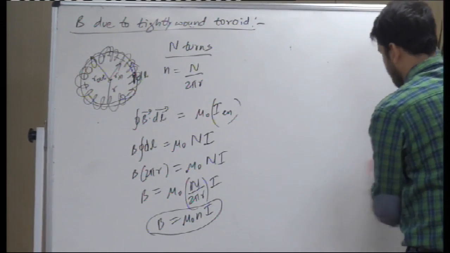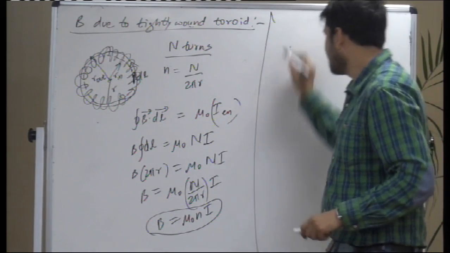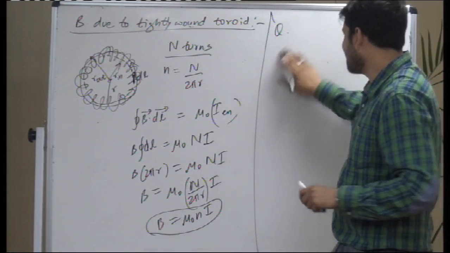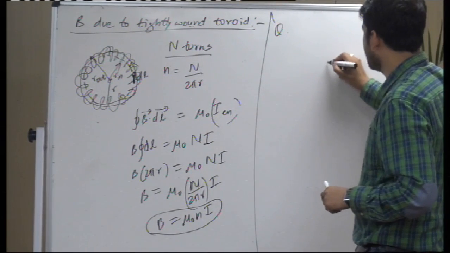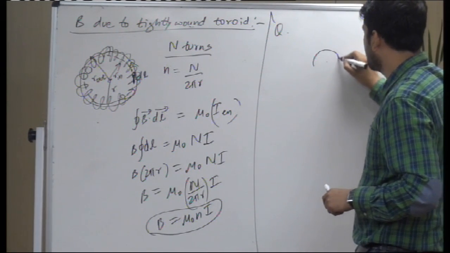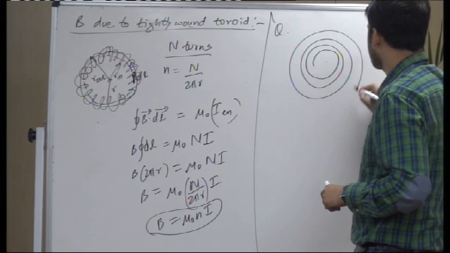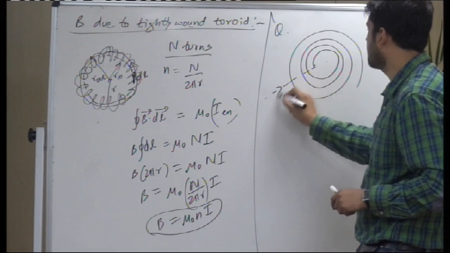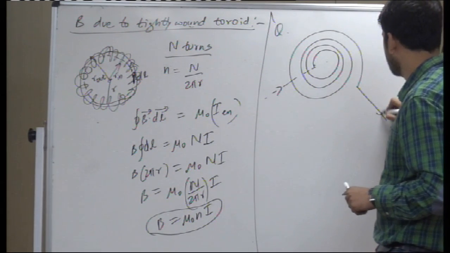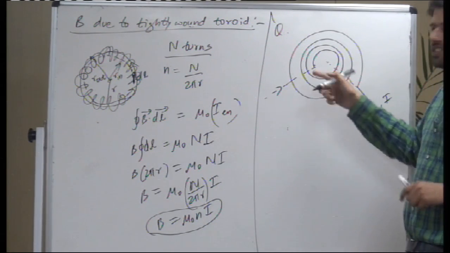So now, after all this grueling Ampere's law discussion, let's have one grueling question as well. Now we have this spiral, carrying current I. The straight portions have no magnetic field.